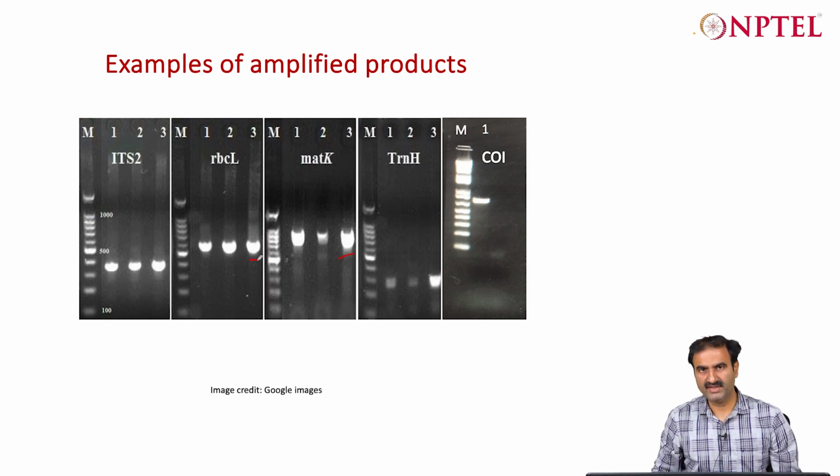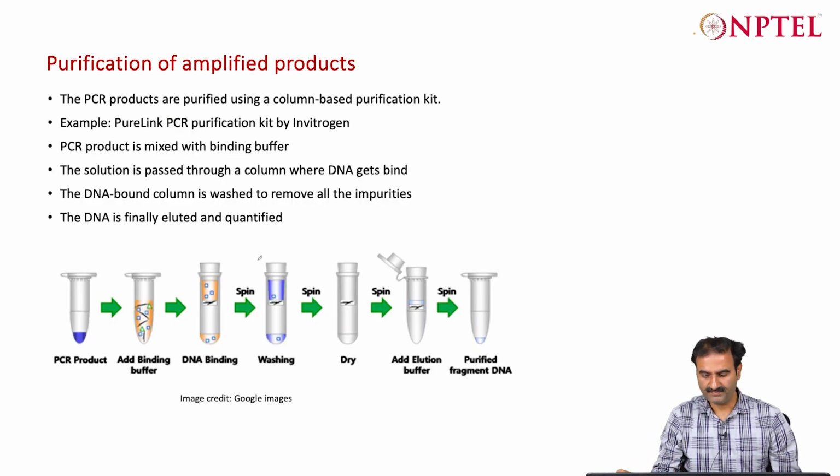And there is no random amplification from any part of the DNA, because you might think you have amplified the desired gene, but it could have matched somewhere else and it could be an ambiguous product.